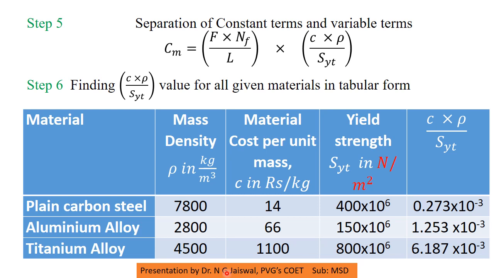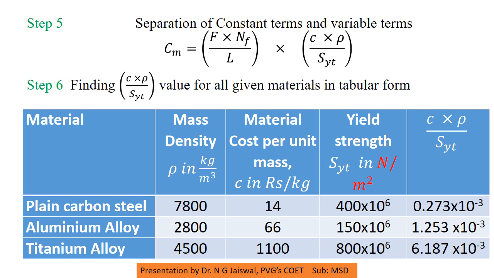Right? So one problem is solved here: which material is to be selected? Plain carbon steel is to be selected. Okay. That's why at this moment these remaining two rows are not of use for us from this point onward, because we will now use the first row only, because that is the only material which will give the least cost. Right? So that is the one part.